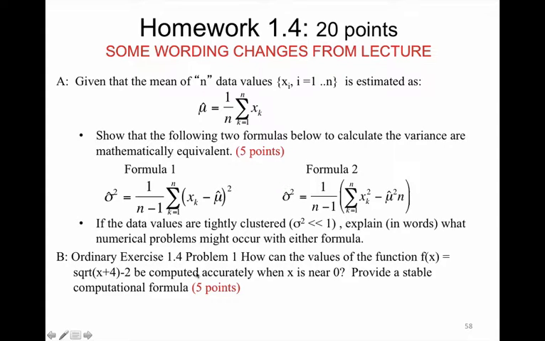Then we'll go to our second exercise, exercise B, and we're going to look at this little formula here, square root of x plus 4 minus 2, and ask what's going to happen when x gets near 0. Well, by now, since you've gone through section 1.4 in the lectures, you'll realize that the square root of a tiny number plus 4 is pretty close to the square root of 4, which is going to be very, very close to 2.